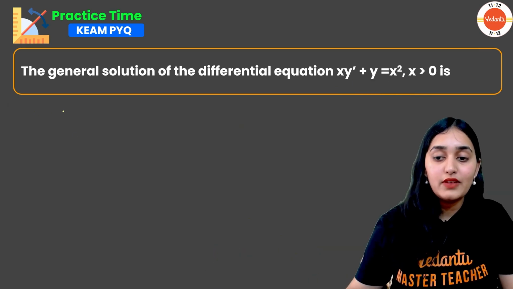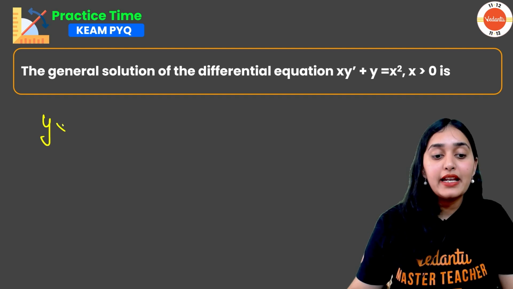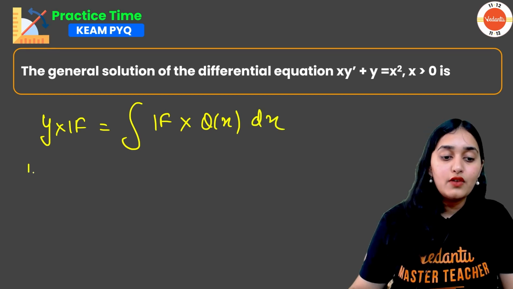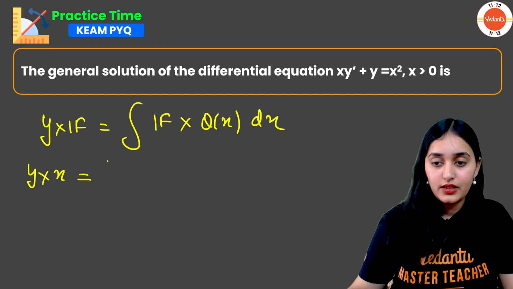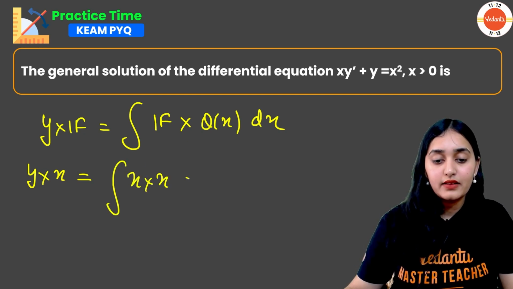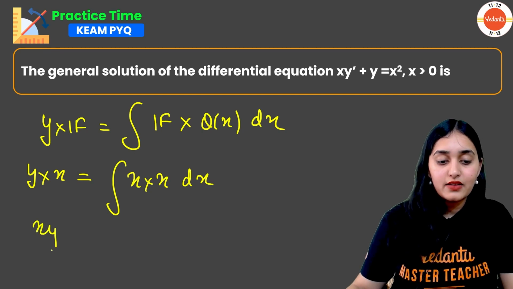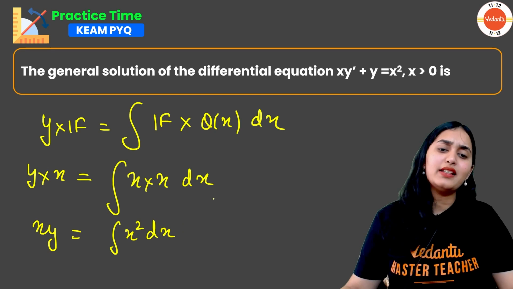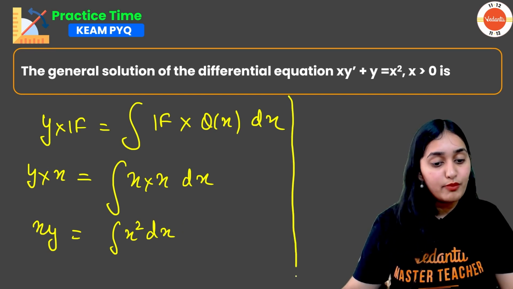So my solution will be, y into integrating factor is equal to integration of integrating factor into q of x dx. So y into x is equal to, qx is x, remember? So integration of x into x dx. So xy is equal to integration of x square with respect to dx. What is integration of x square? X cube by 3.